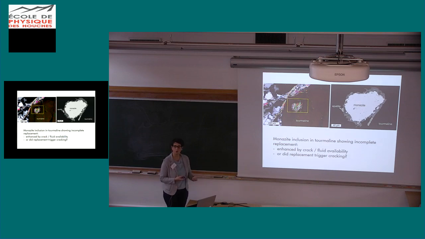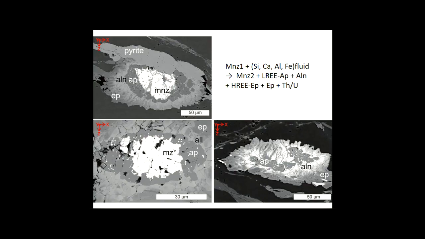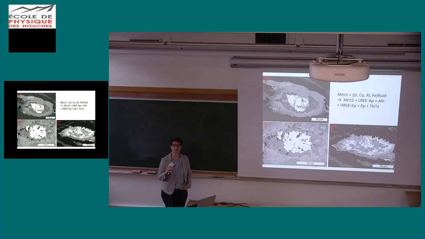So whatever induced the crack, was the crack there and then fluid introduced and triggered the reaction, or was a reaction going on triggering the fracture? We don't know. But what we know is that if we see the monazites within the matrix, a rather open system, we see major coronas around, so a lot more reaction is taking place within the rock matrix, where we do not have the container of our tourmaline.